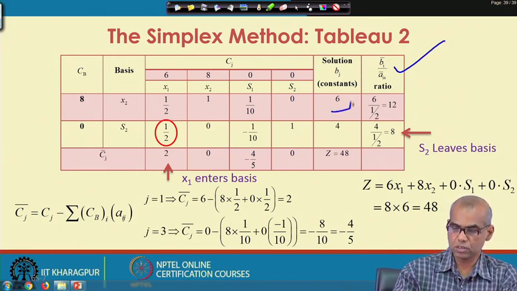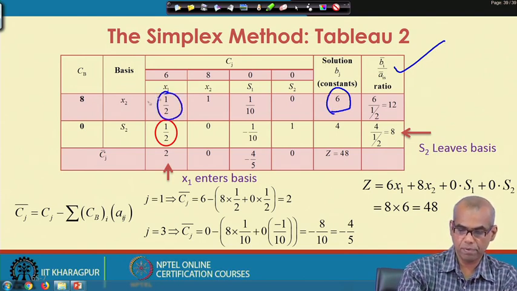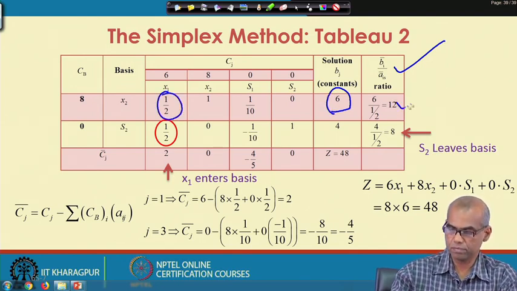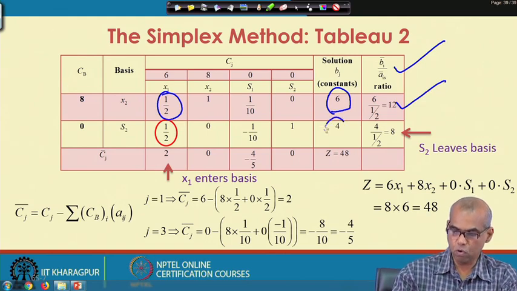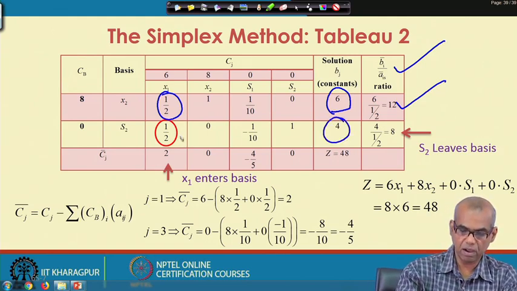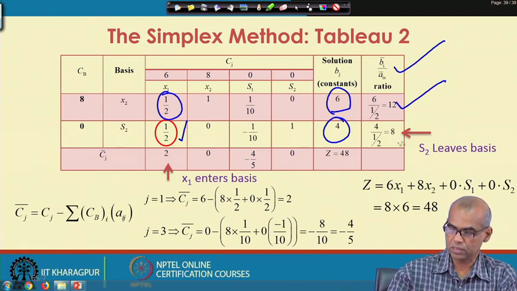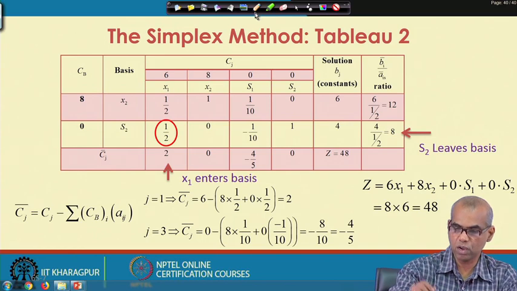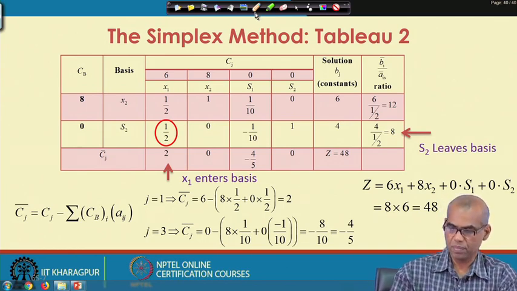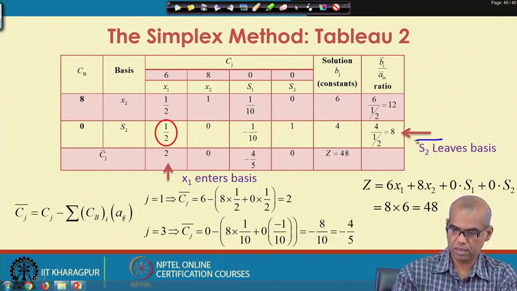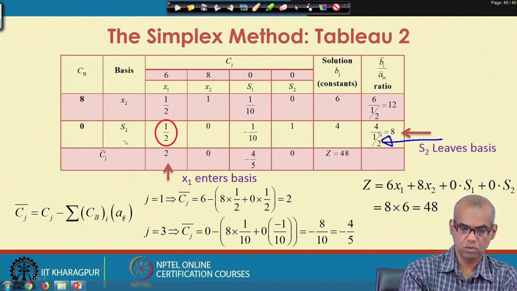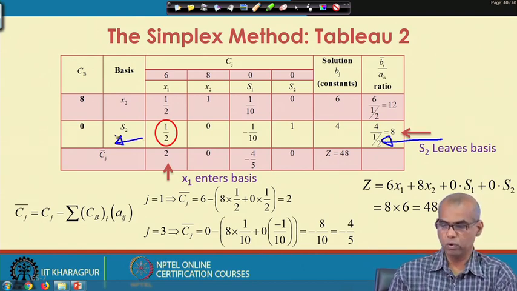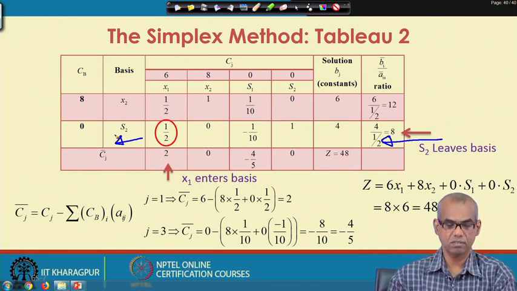So, 6 divided by half is 12 and 4 divided by half is 8. So, minimum ratio rule now says that S2 will leave the basis. So, x1 enters, S2 leaves.